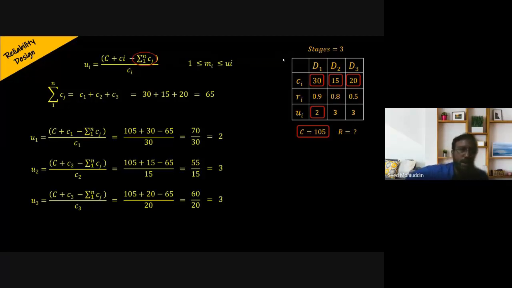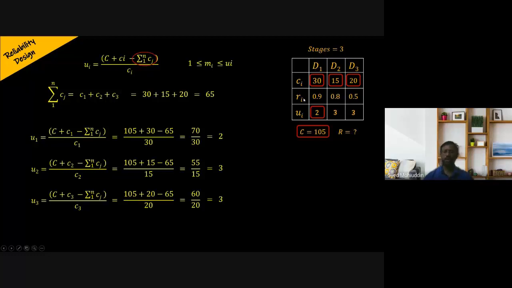How many D1s to put in that stage, how many D2s, and how many D3s to use has to be computed. Here we will be given the cost of each device: D1 is 30, D2 is 15, D3 is 20. And the reliability also of each device.